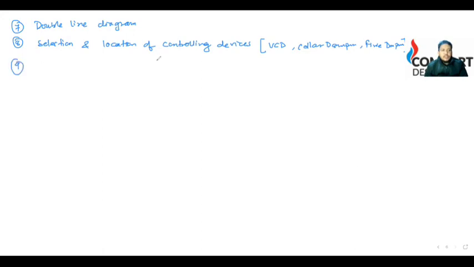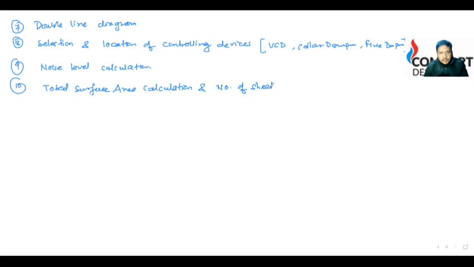9th number is the noise level calculation. Once this is done, we will do the noise level calculation. 10th number, total surface area calculation and number of seats required.